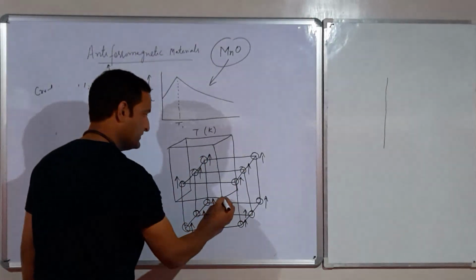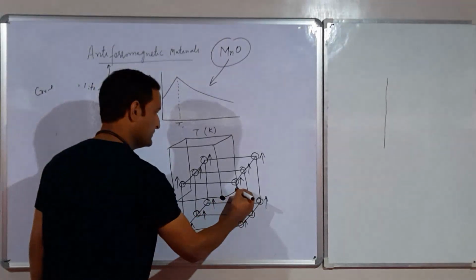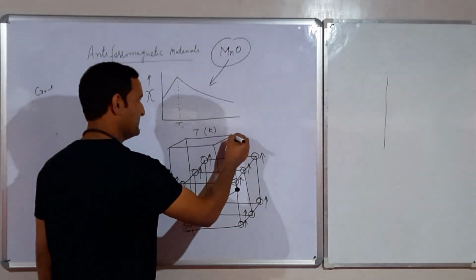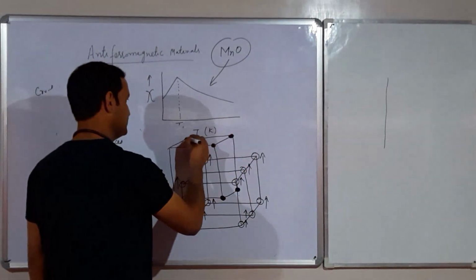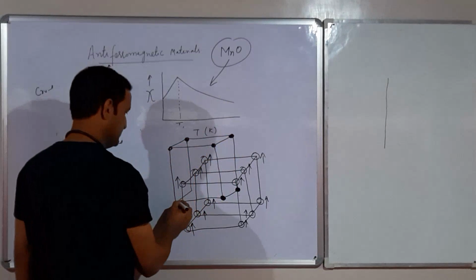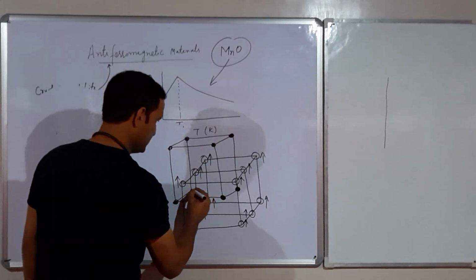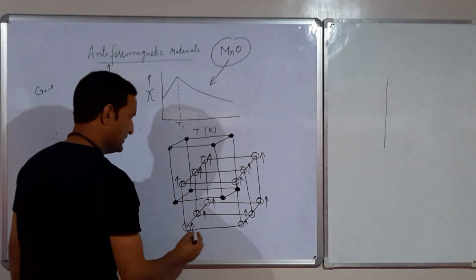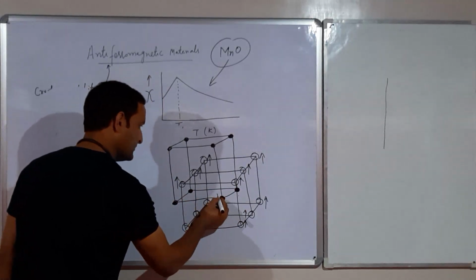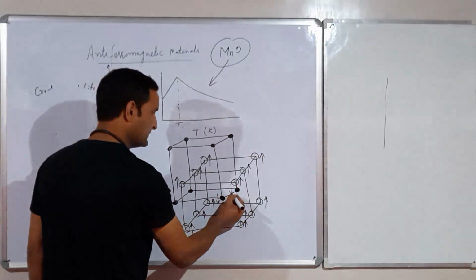Here the atoms are darker so that they will be visible. At these points, the net magnetic moments are in the downward direction.